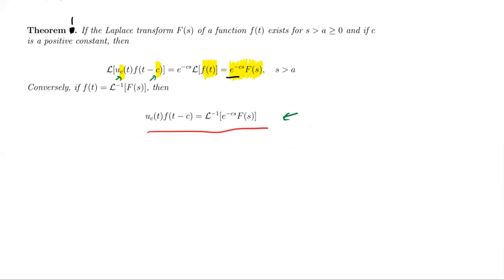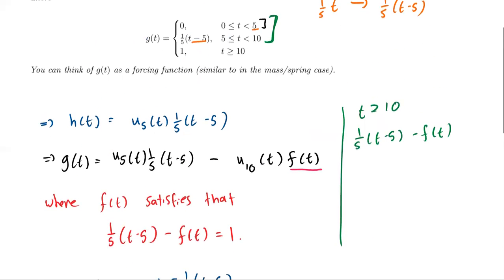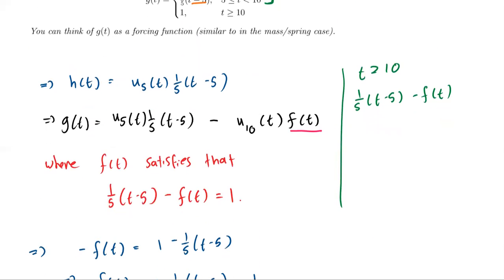So since we're going to take the Laplace transform, let me go back to the example. Since we're going to take the Laplace transform of this whole thing here, if f of t doesn't look like a function that's shifted 10 units to the right, it's going to be very hard, because then we would have to use an integral, which we're trying to avoid, to compute the Laplace transform of u10 of t times f of t.